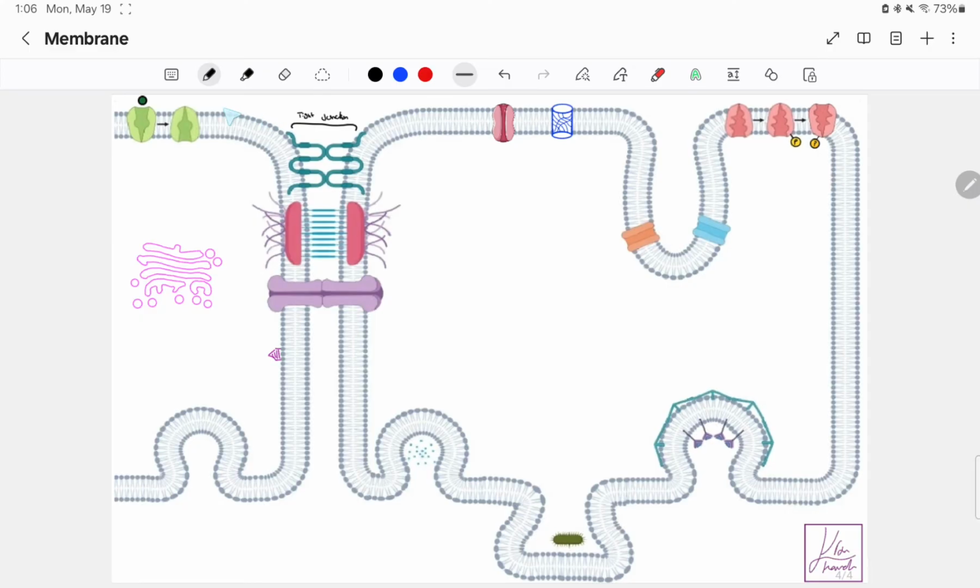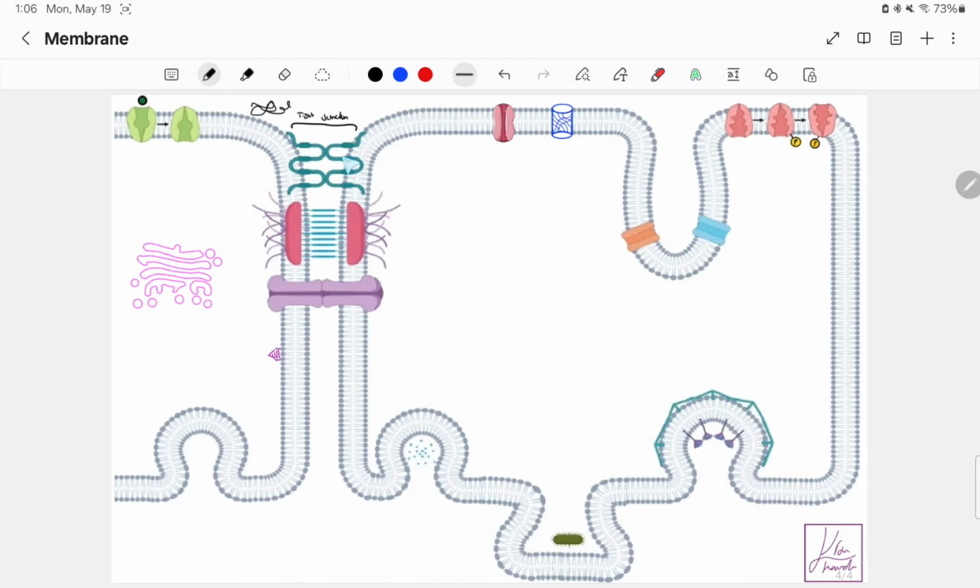Let's say there's some sort of toxin in your food, just floating around. Normally we have specific protein channels in these membranes to prevent toxins from going into the blood on the other side. But what if they could just squeeze in between these two adjacent cells and make their way into the blood? That's not good. How do we prevent that?